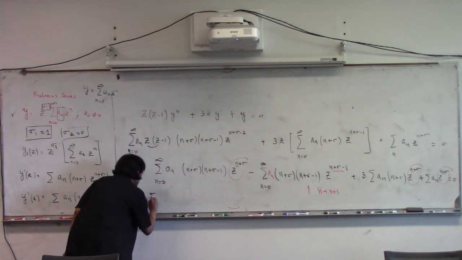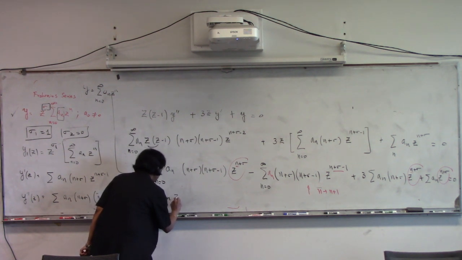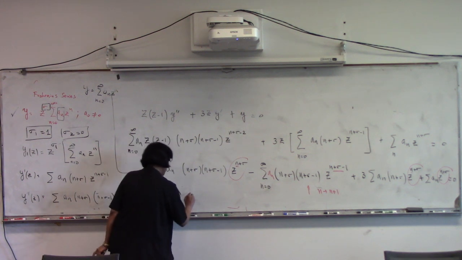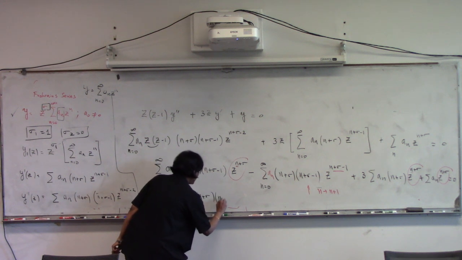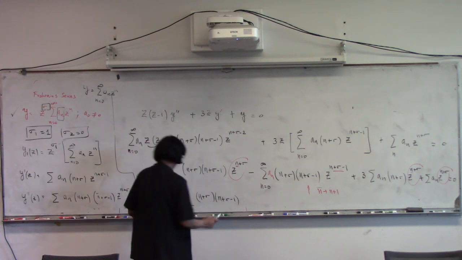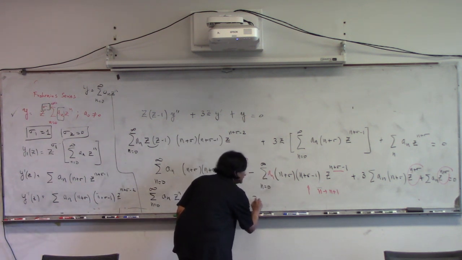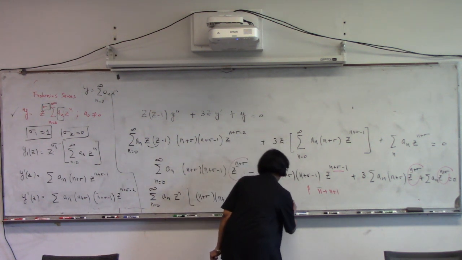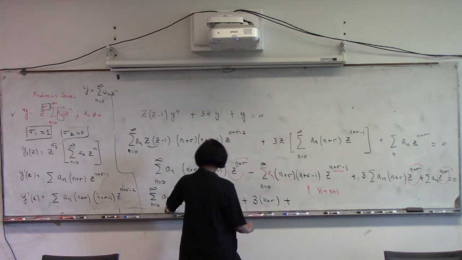So let me just write down first: n going from 0 to infinity, a sub n, z to the power n. Z to the power sigma, I factorized out because we can do that. What do we have? n plus sigma times n plus sigma minus 1, that is the first term. And then I have here 3 times n plus sigma, plus a sub n is also there, so plus 1.